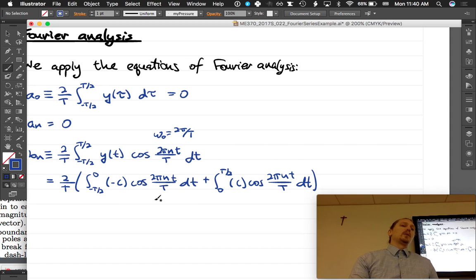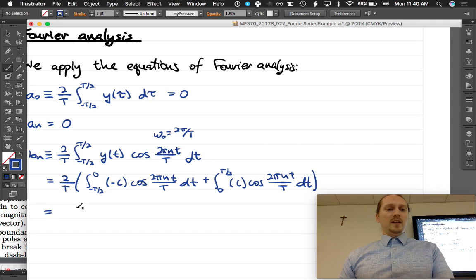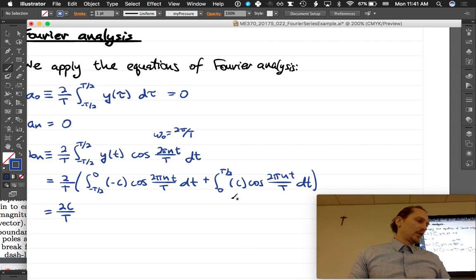These look like integrals we could do, right? Because this is a constant, this is a constant. So let's pull out the C. So 2C, it shows up in both terms, right? The constant C can come outside the integral and be factored out. I'll rewrite it just to not take too many steps at once.